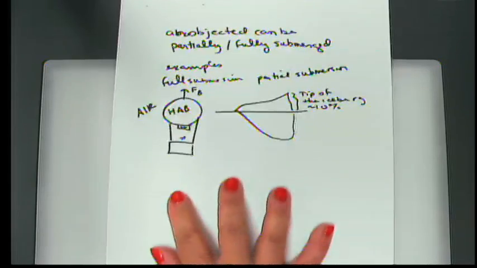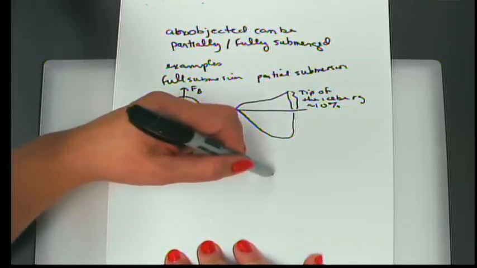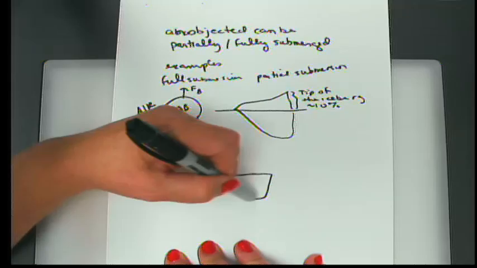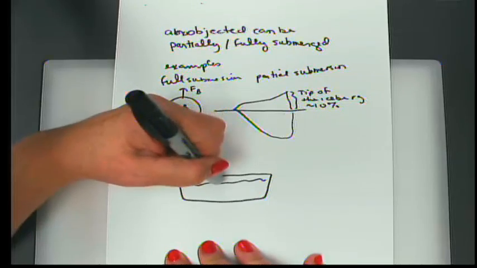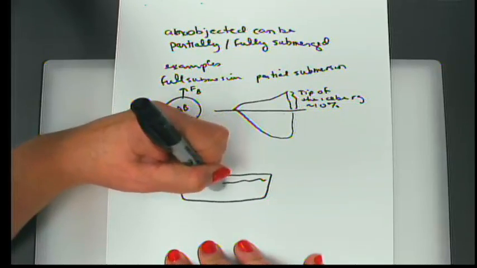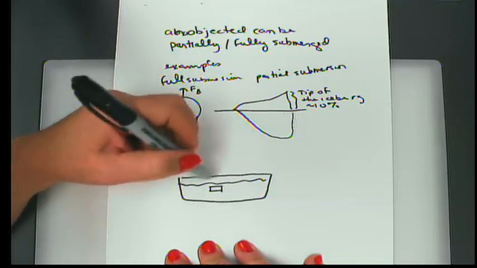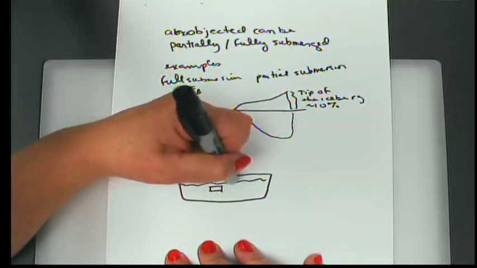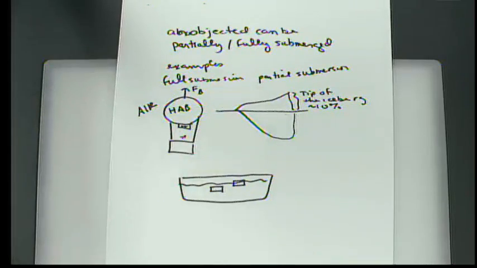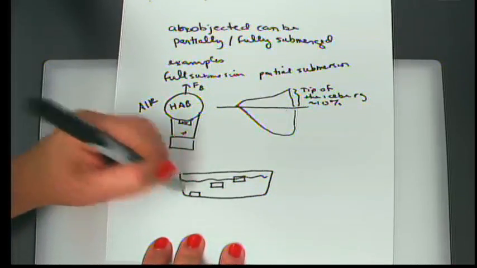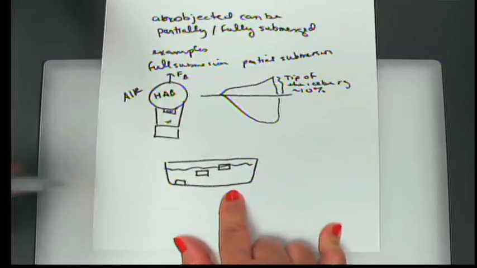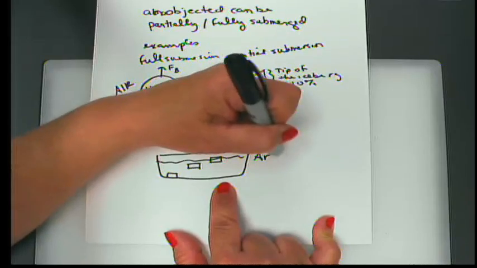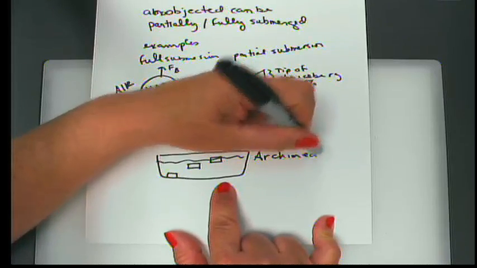And then there are other objects. For example, if you have a bathtub with water in it and you have a bar of soap, the soap will float or partially float or sink depending on the density of that particular bar of soap. And legend has it that this is actually how the principle of buoyancy was discovered.